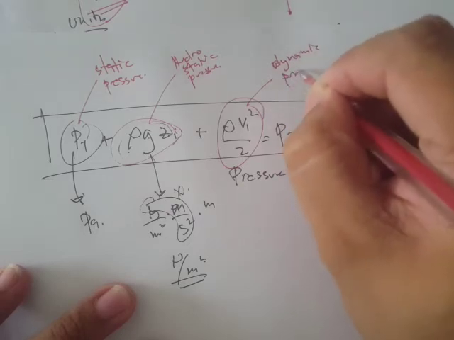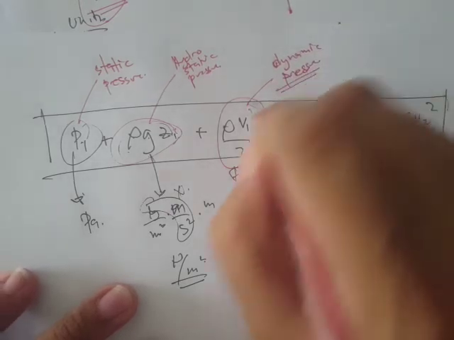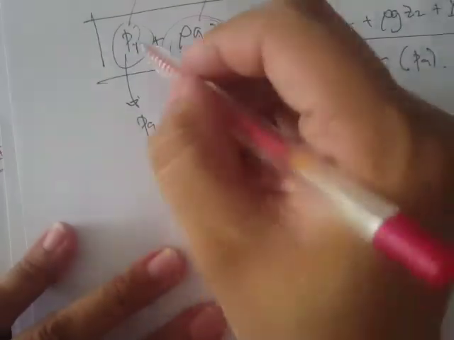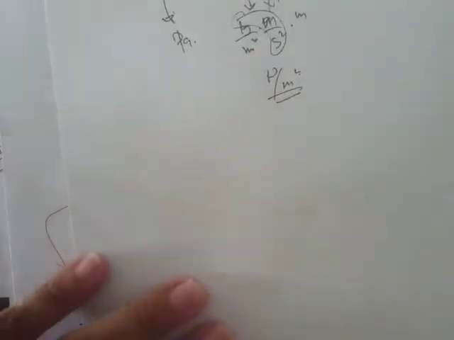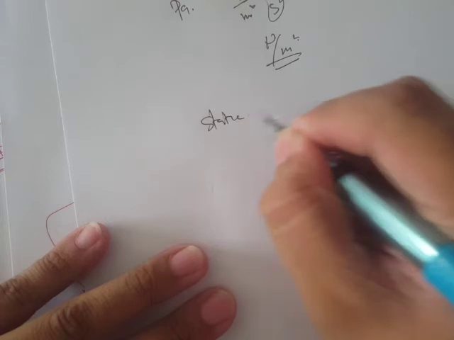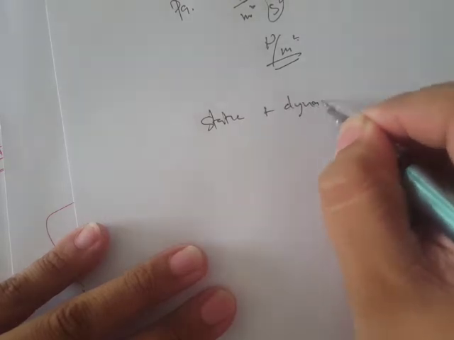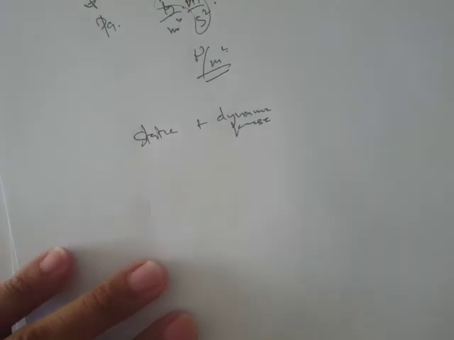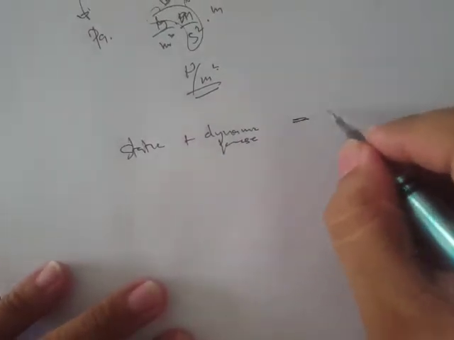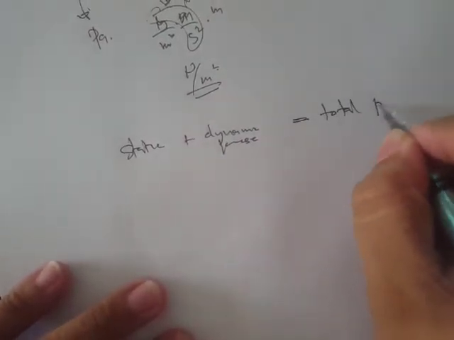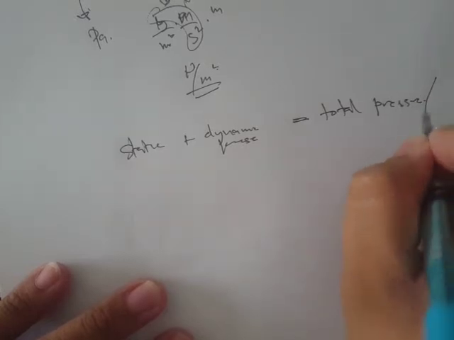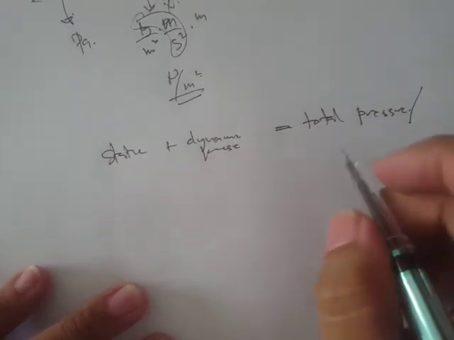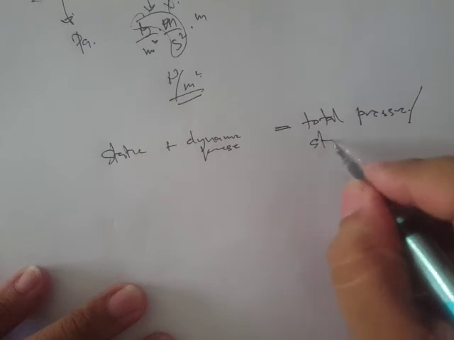Static plus dynamic pressure is called the total pressure, or stagnation pressure.